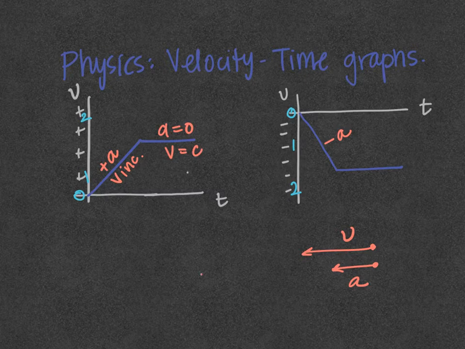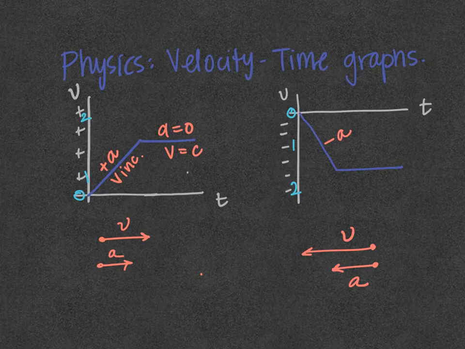Now, conversely, over here, we've got a positive velocity, and we have a positive acceleration for that first interval of time. So these two, velocity and acceleration, are in the same direction.